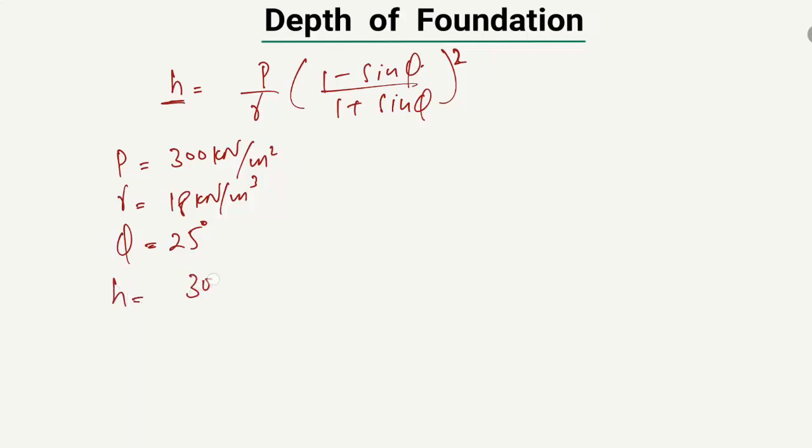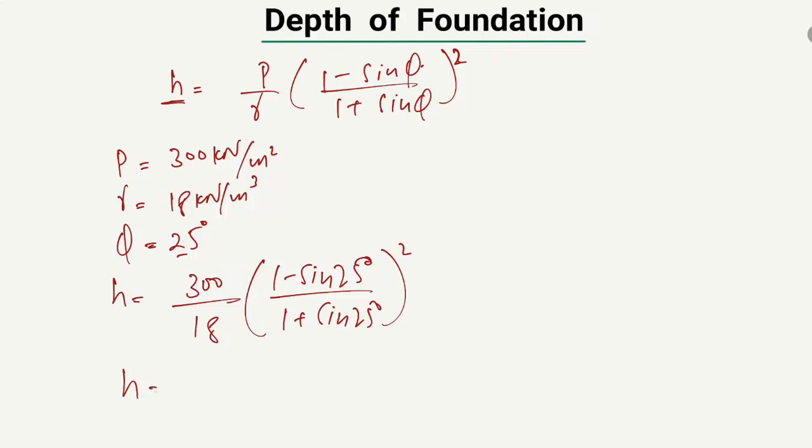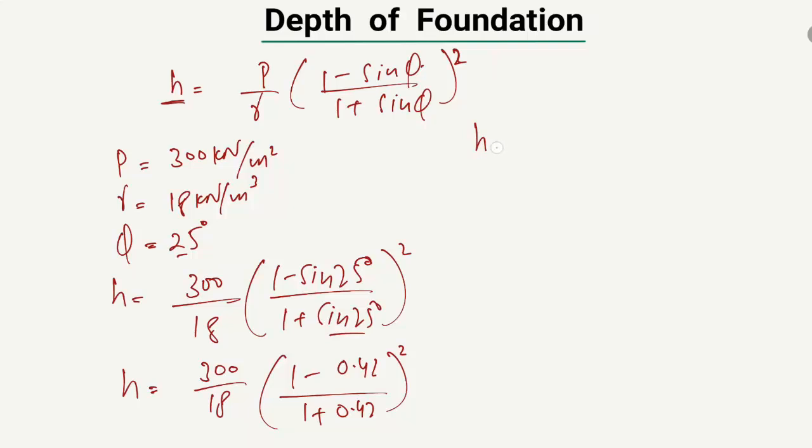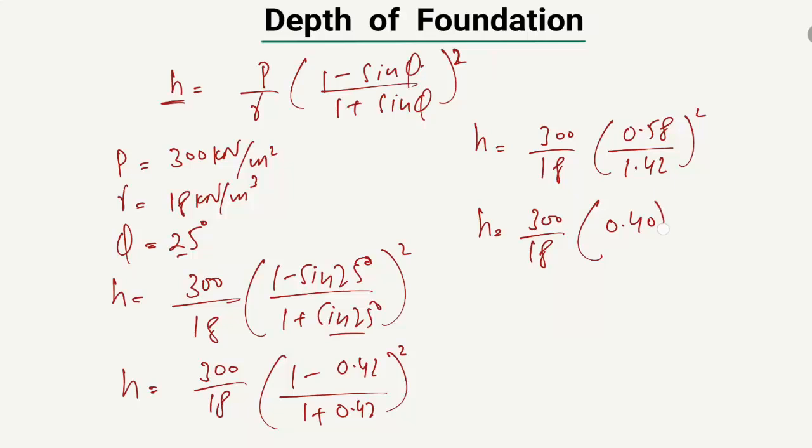P is 300, divided by gamma, which is 18, into (1 minus sine of phi, with phi as 25 degrees, divided by 1 plus sine 25 degrees) whole squared. So we get 300 divided by 18, and 1 minus sine of phi, where sine of phi is 0.42, divided by 1 plus 0.42, whole squared. Multiplying these values, we get 300 divided by 18 into 0.58 divided by 1.42, which comes to 0.40, squared.